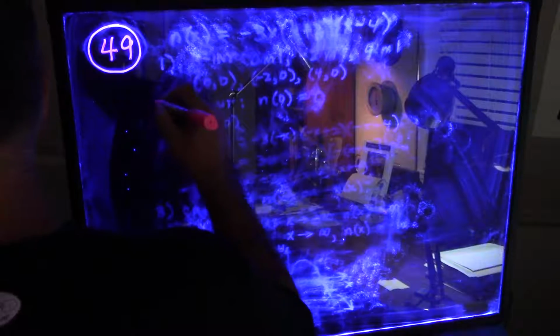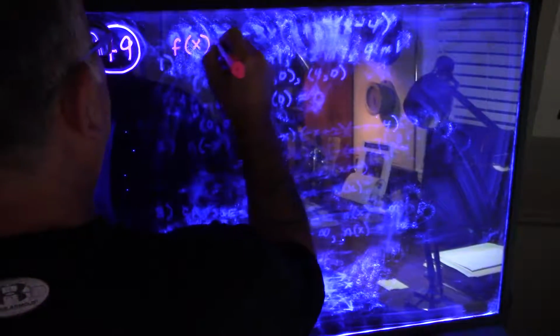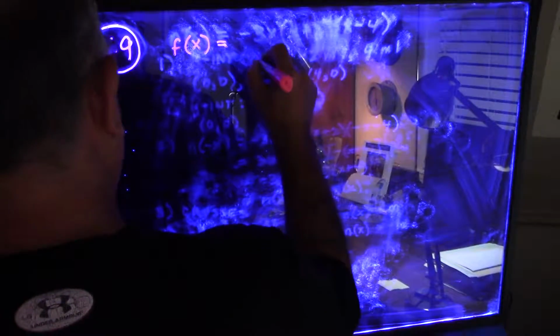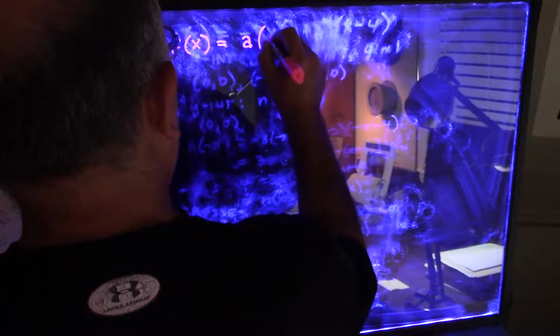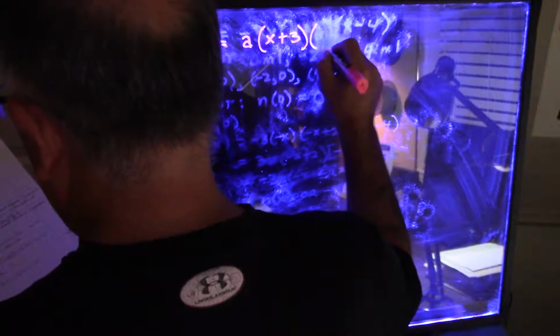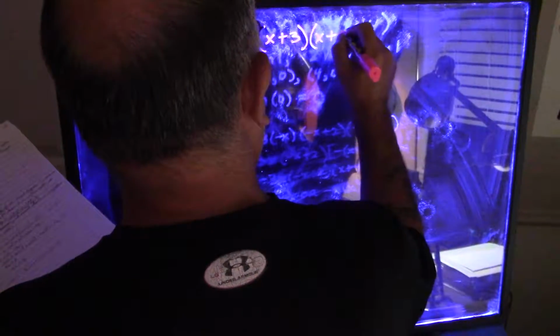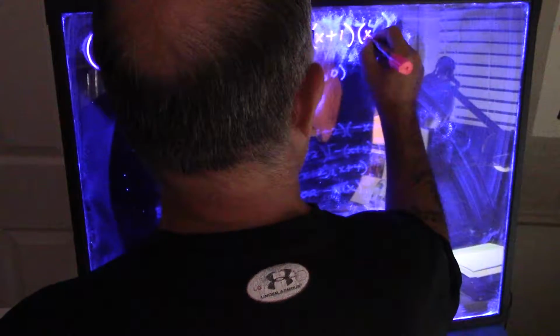So that means that f of x will have this form. You've got your leading coefficient a, and then x plus 3 times the quantity x plus 1 times the quantity x minus 3.